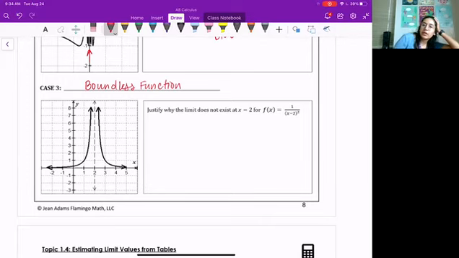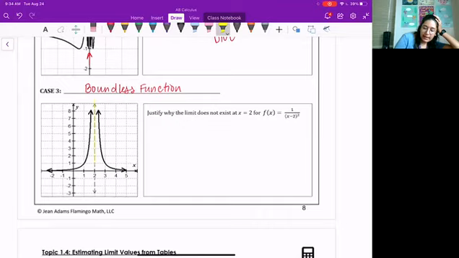So what's going on here as x approaches 2? Here I am at x equals 2. Let's see what's going on from the left. I'm looking here in this neighborhood. I'm going to move my eyes just a little bit to the left, and it looks like my function is going up, up, up, up.